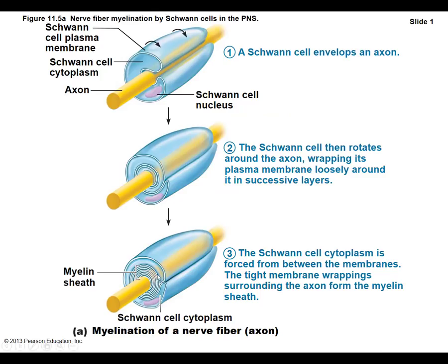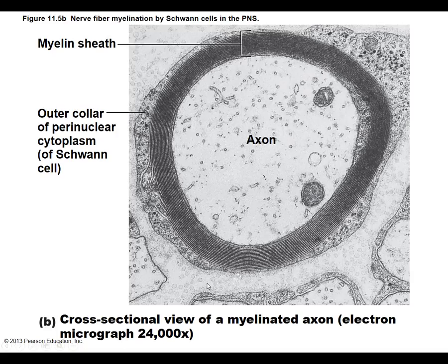It continues to wrap around and around until you have a fully myelinated axon. And again, you have these little chunks. This is one Schwann cell, with a nucleus and everything, making one section of myelin around that axon. This is an actual picture of it, zoomed in 24,000 times, and you can see those layers of myelin around the axon made by that Schwann cell.